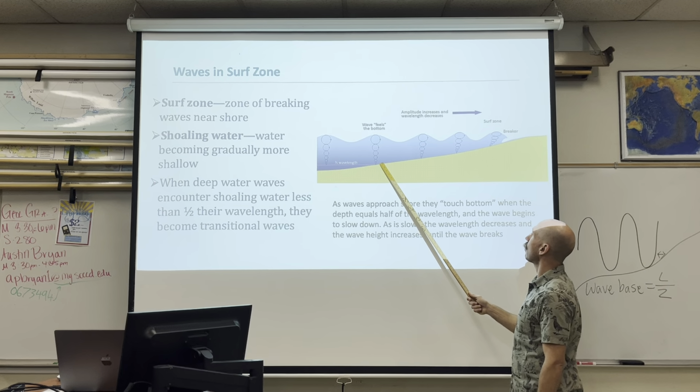When these waves get to the surf zone, they get to a certain place where they can't support themselves and they break. That's the surf that we think about. We could think about when a wave breaks as being the wave steepness equal to or greater than 1/7.